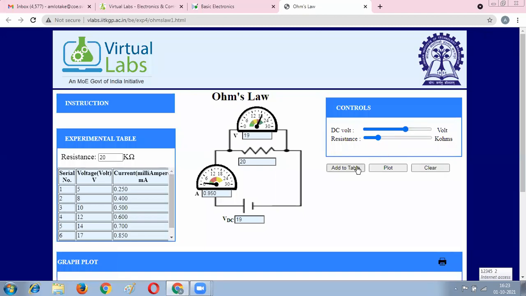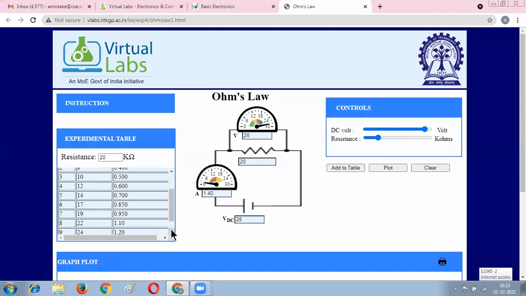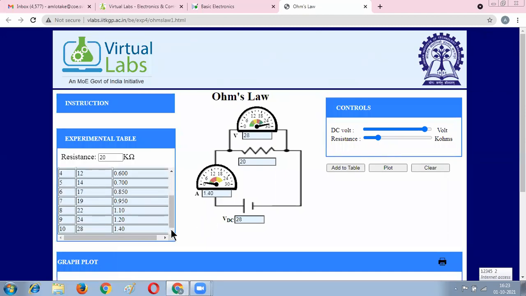For 19 volt, for 22 volt, and for 28. So we have taken the various readings. 10 observations we have taken. Okay. So 10 readings we have taken and then we have added them to the table.